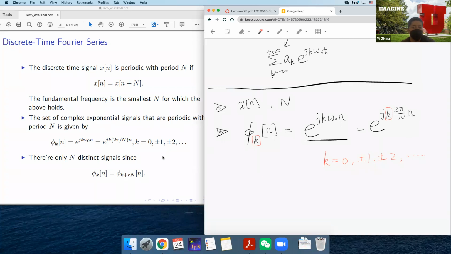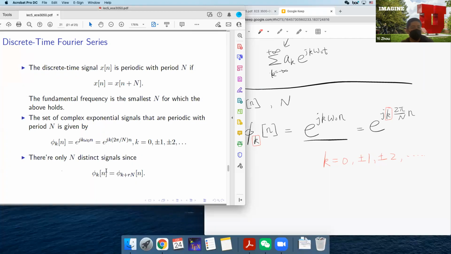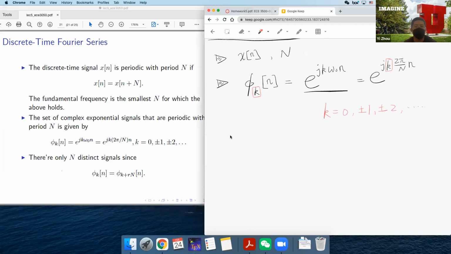That actually reduces the entire infinite number of basis signals to a finite number of basis signals, because it has a periodic structure.